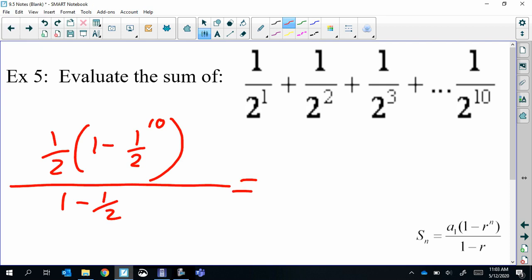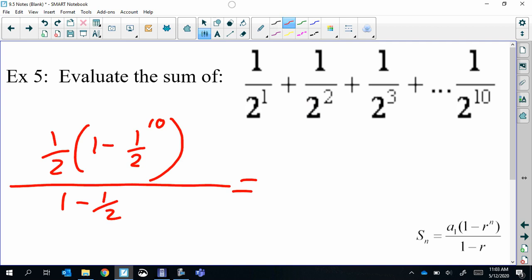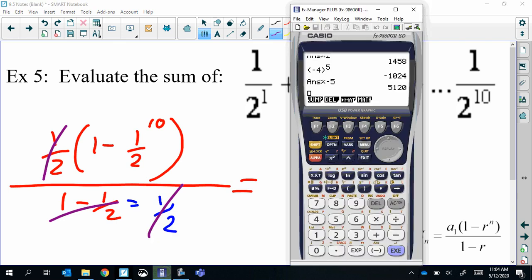So we just need to multiply this out. Again, start with exponents. If you do a little bit of work with this first, like 1 minus 1/2 on the bottom here, that is 1/2. And then since there's a 1/2 on top and bottom, they can cancel out. So we just have to do this calculation here of 1 minus 1/2 to the 10th.